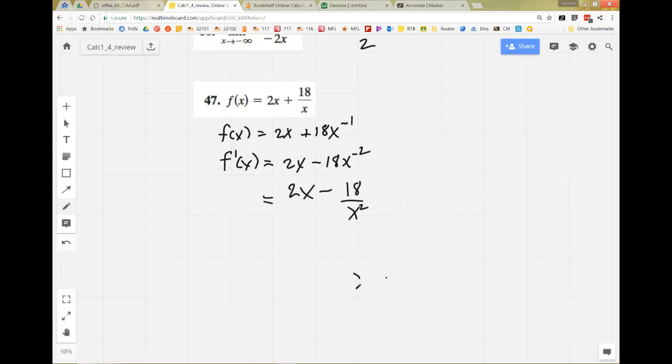If we're trying to find extrema, we're definitely going to need to set the first derivative equal to 0. We could add 18 over x squared to both sides. We could now multiply both sides by x squared.